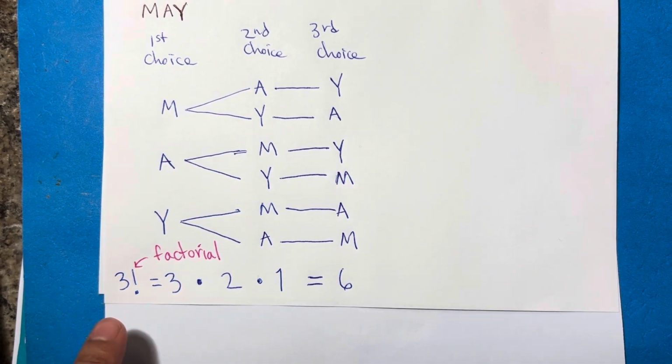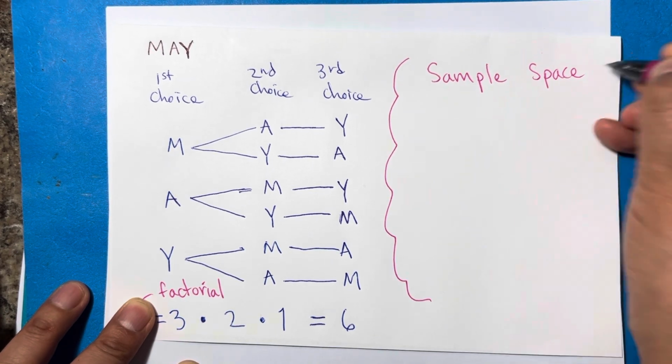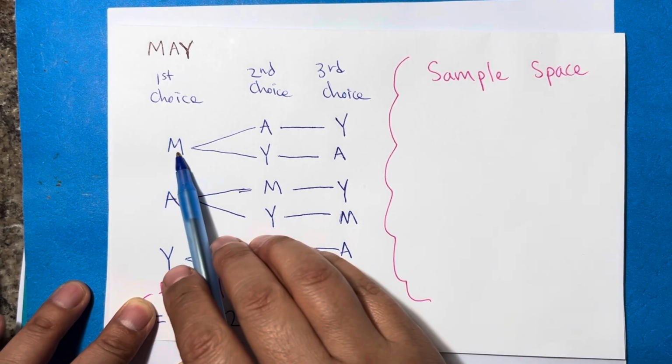If we were to do the sample space, then it's these combinations.